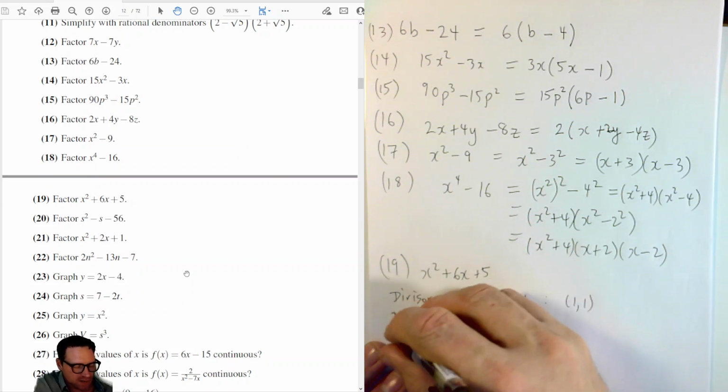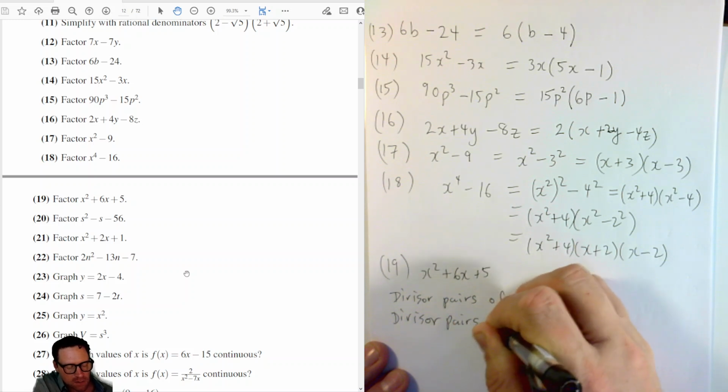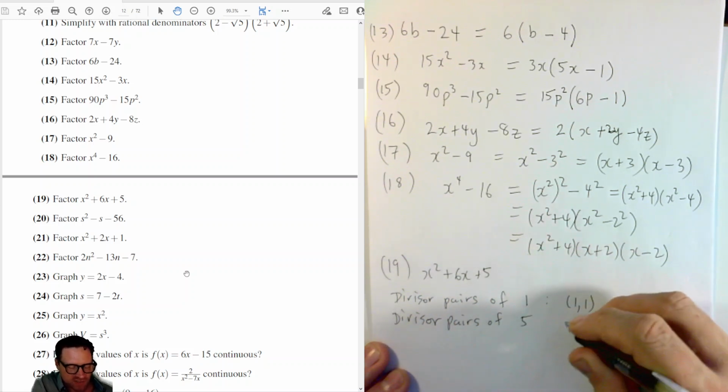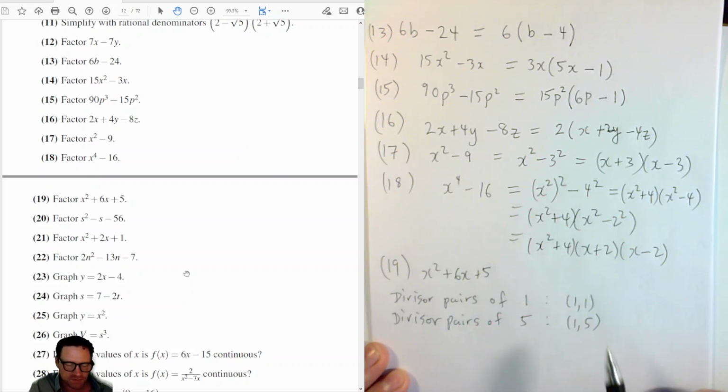Divisor pairs of 5: because 5 is prime, we just have 1 and 5 up to order, because of course we could swap this around, but we'll just consider the single pair in increasing order.